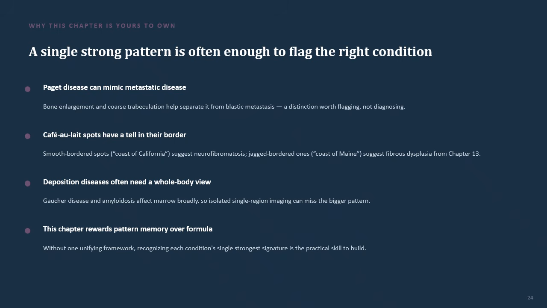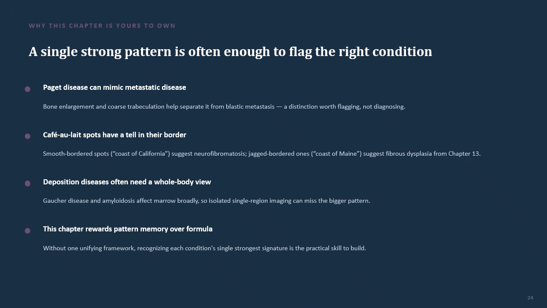The next one is cafe au lait spot borders. And we're talking about smooth edges versus jagged edges. If they are considered to have smooth edges, we're looking at a neurofibromatosis. And if they have jagged edges, we're looking at fibrous dysplasia. Last but not least, with Gaucher disease and amyloidosis, they don't want to just look at one thing.